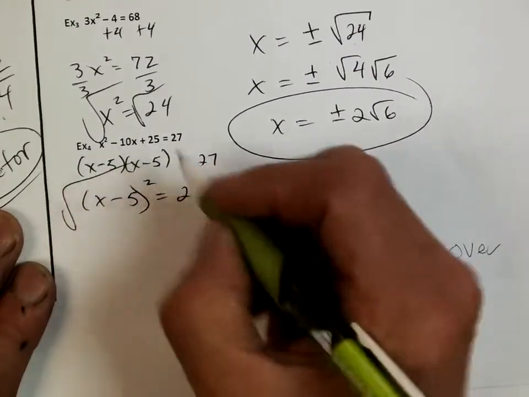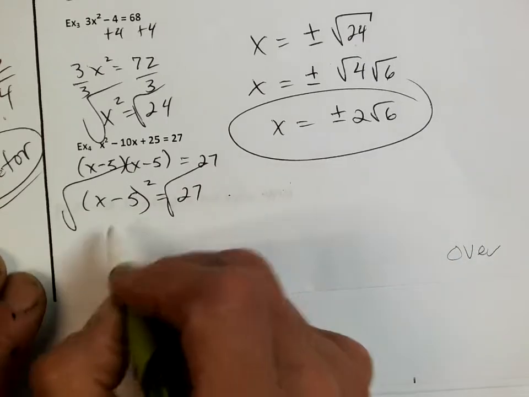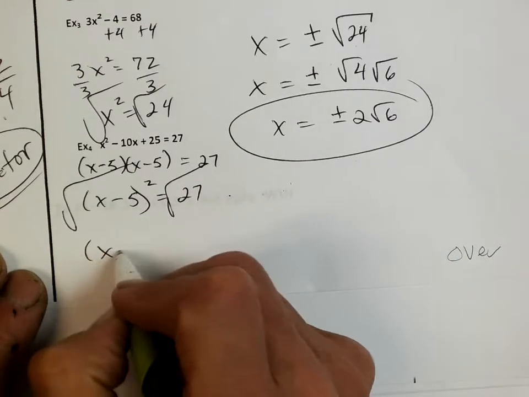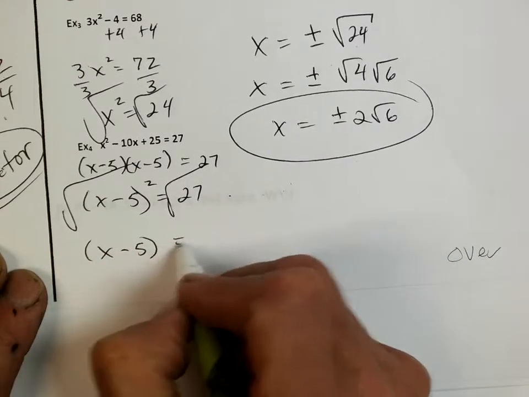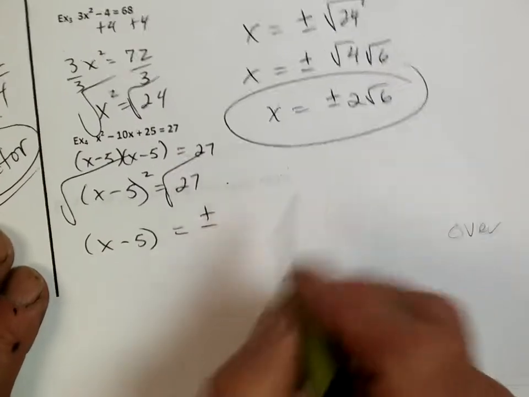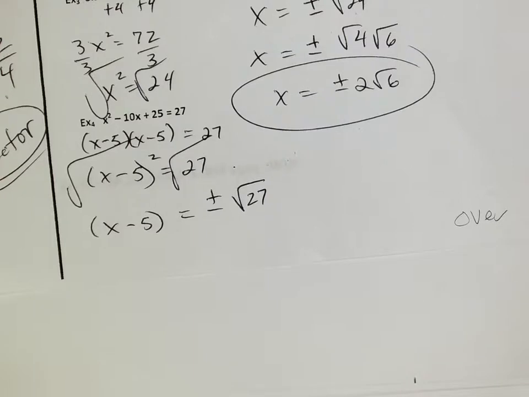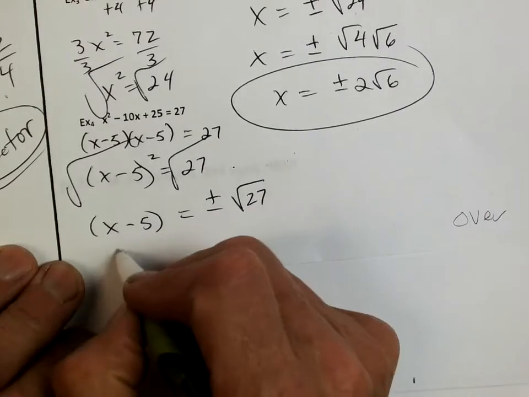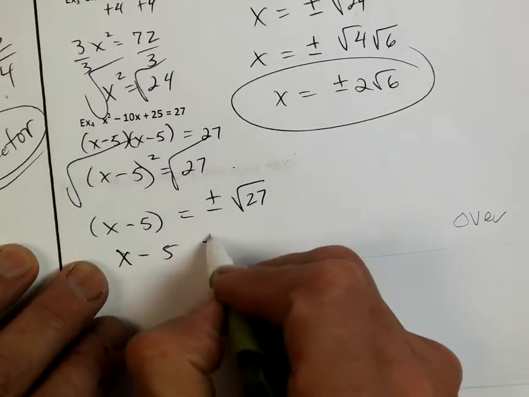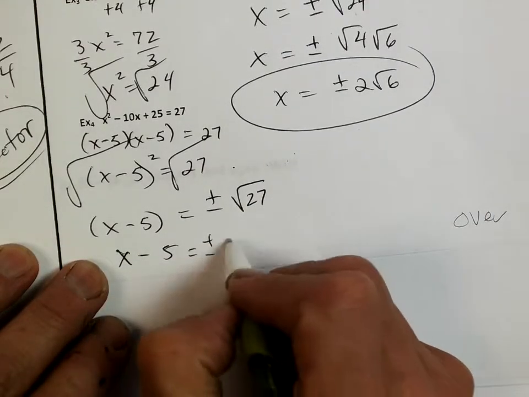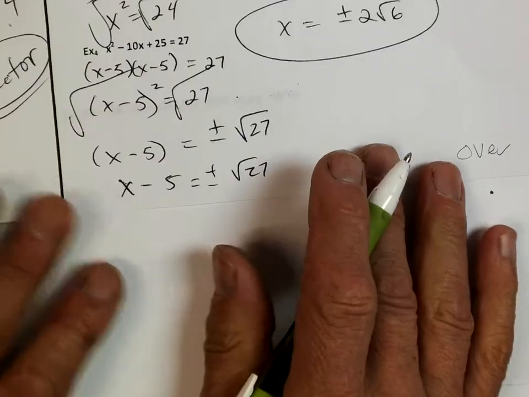Square root it, right? So I'll have x minus 5 equals plus or minus the square root of 27. Again, 27 is not a perfect square, so it's an irrational number, so we're going to leave it like that. So what are we going to do to solve?